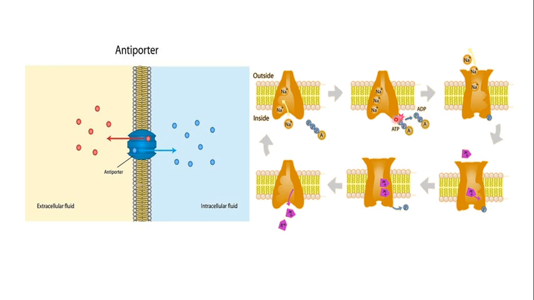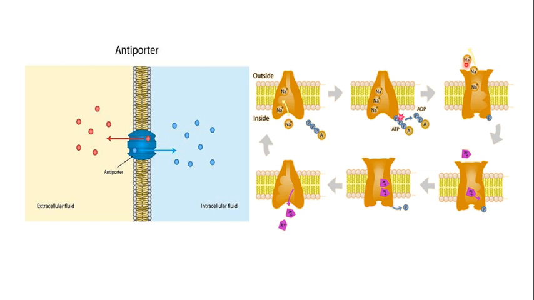The binding of this phosphate helps in the attachment of three sodium ions to the active site of the pump, and it changes the shape of the pump. This change in shape moves the sodium outside the cell against its concentration gradient.